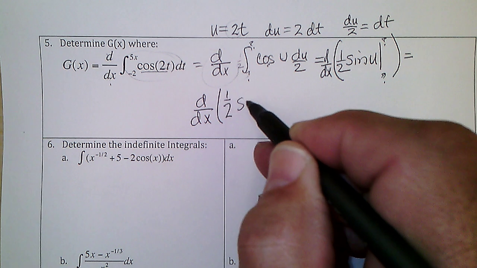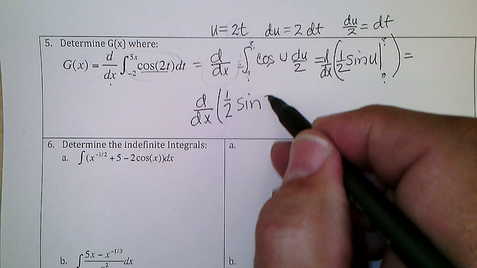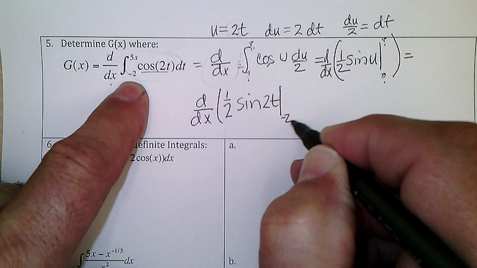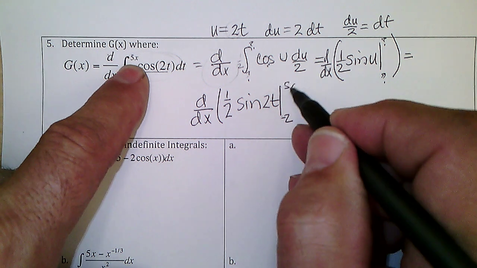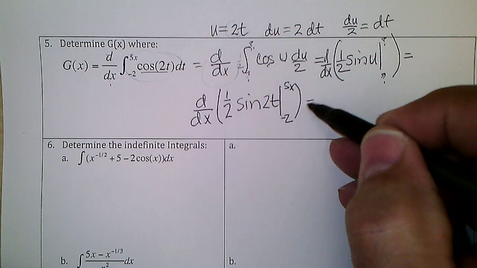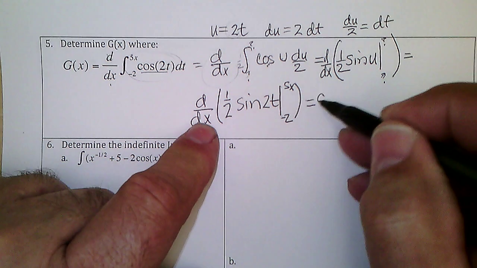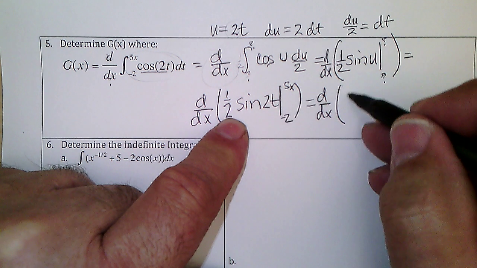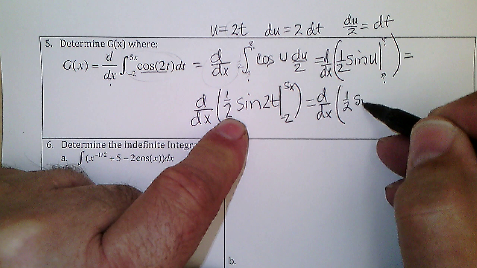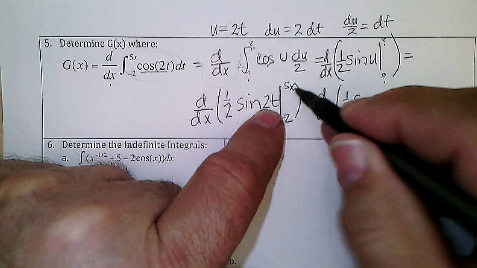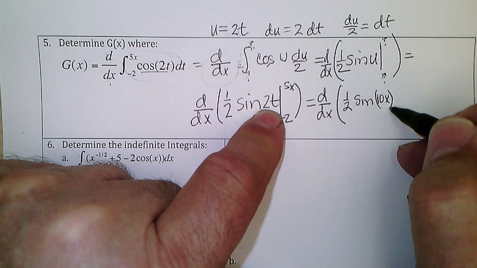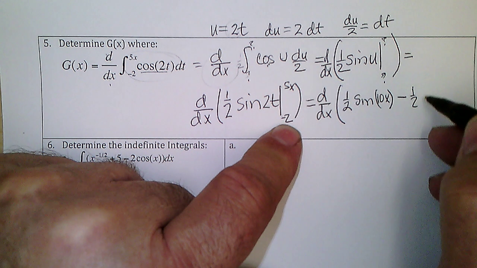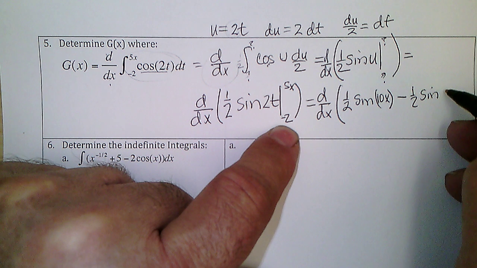1/2 sine of 2t evaluated from -2 to 5x, which would be, we still have to take the derivative with respect to x, put 5x in here, and we get 1/2 sine of 2 times 5x, which is 10x, minus, put -2 in there, we get 1/2 sine of -4.